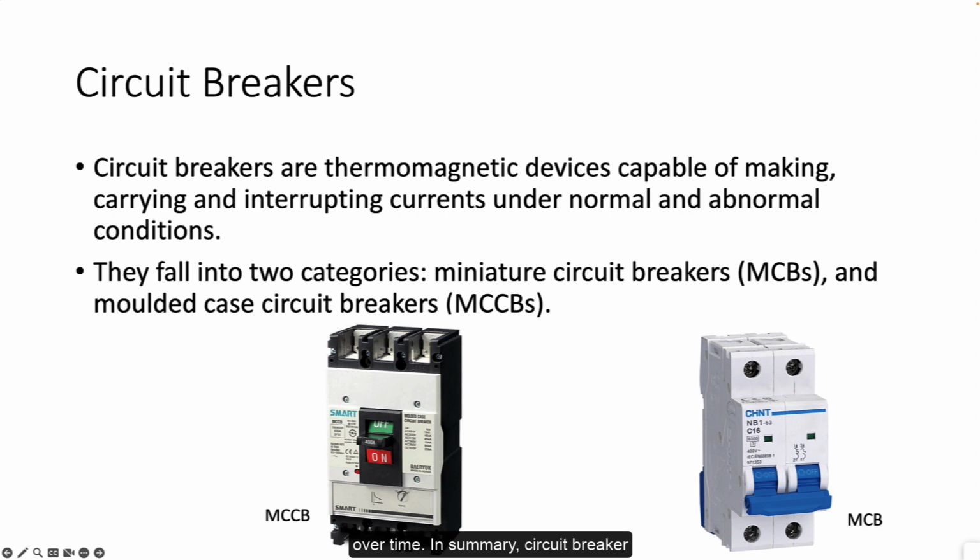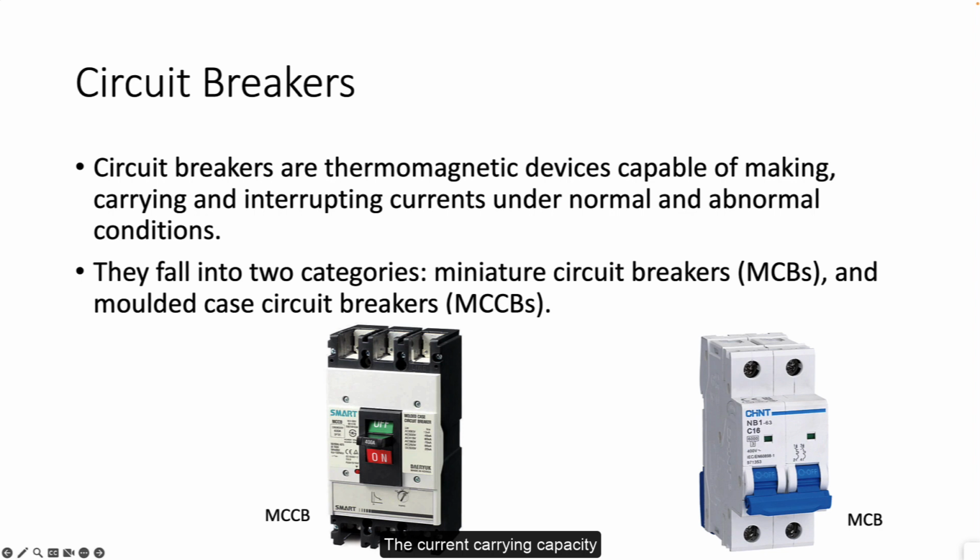In summary, the circuit breaker nominal rating indicates the maximum continuous current they can handle, while cables have a short-term current carrying capacity that allows them to withstand higher currents for brief periods without causing permanent damage.